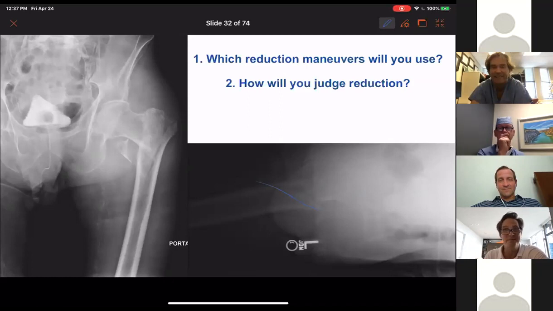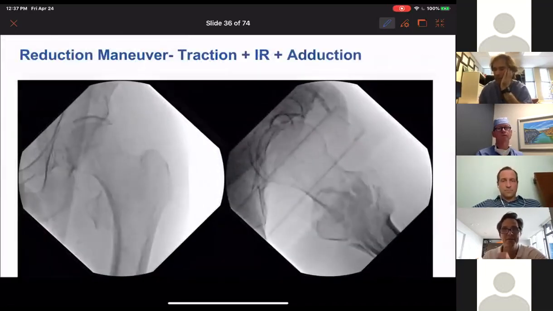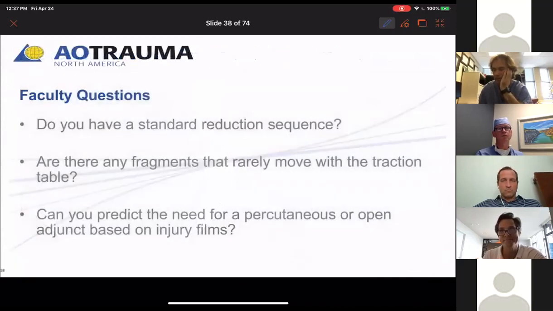Now, I'm not sure that I'm changing outcomes, but they are usually getting from a percutaneous to a larger incision with some type of help, because I'm rarely satisfied with the reduction I get purely with traction and internal rotation. But I can't give you any consistency, and I'm hoping you're going to tell me so that I can do these a little more efficiently.